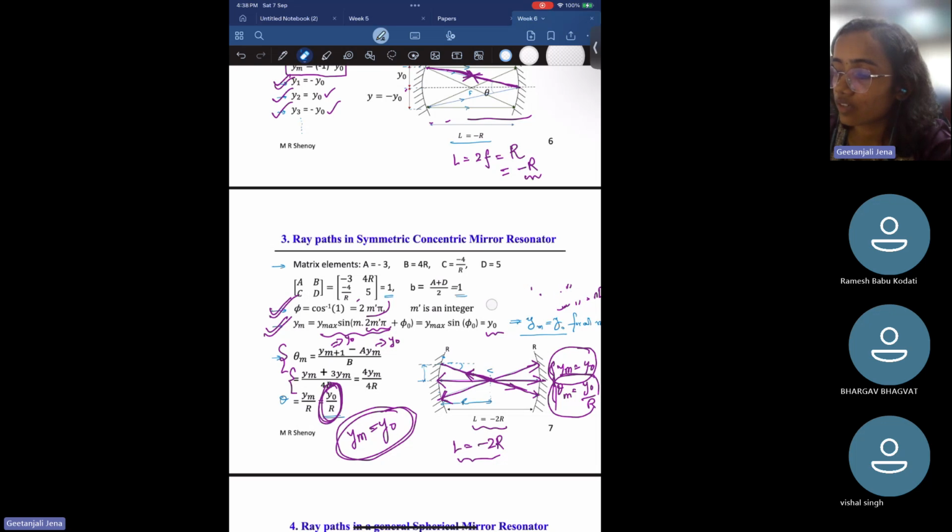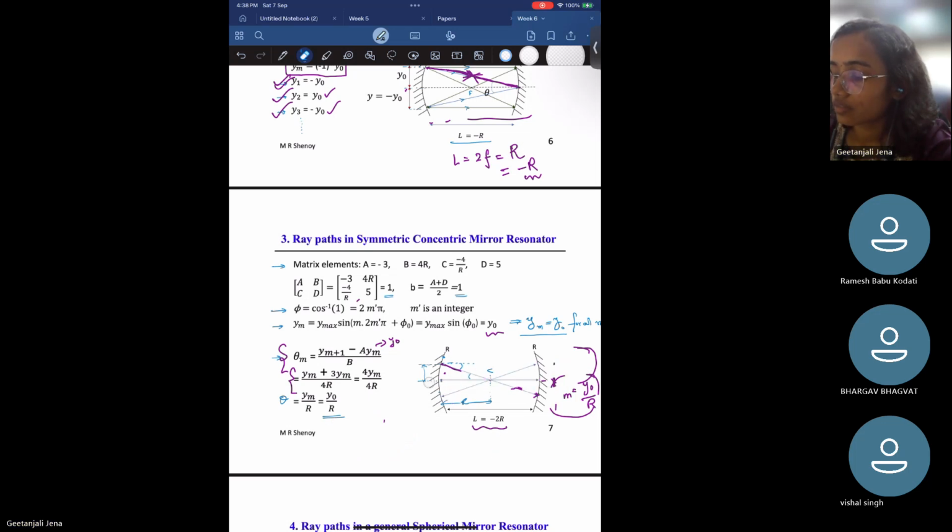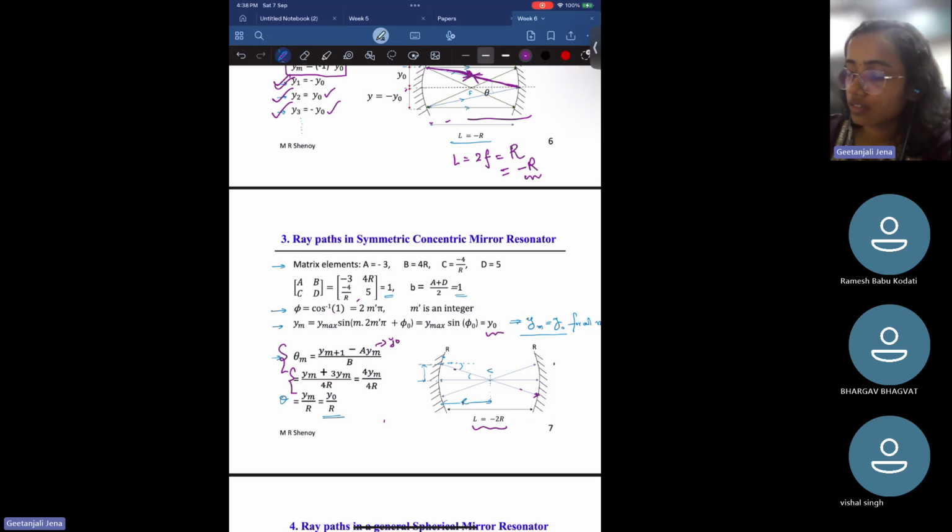So first we have to calculate the ray transfer matrix, RTM. Let me write down the steps. Then using the RTM, you have to find the value of B. From B, you have to calculate the value of phi.